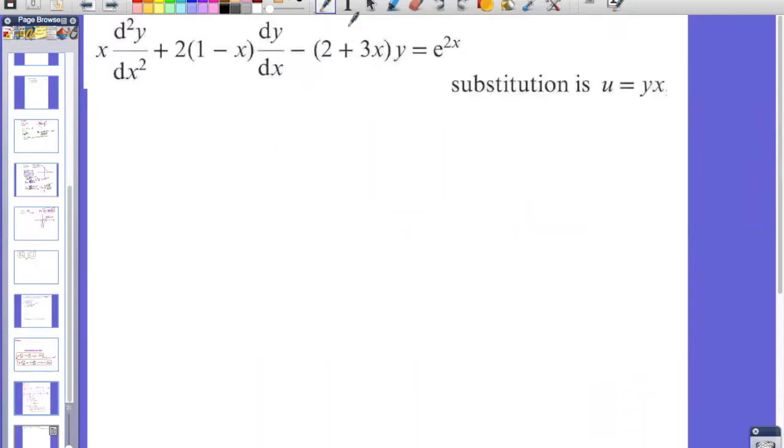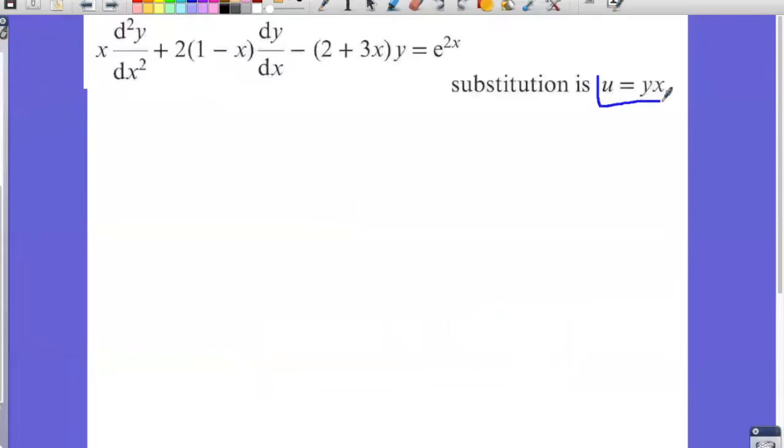How about second order differential equations? Once more, this section may be one of the easiest on differential equations. Why? Because in examinations, in most cases, you will be given the substitution to use. Questions will always ask: show that by using the substitution u equal yx, this differential equation can be transformed into this other form.